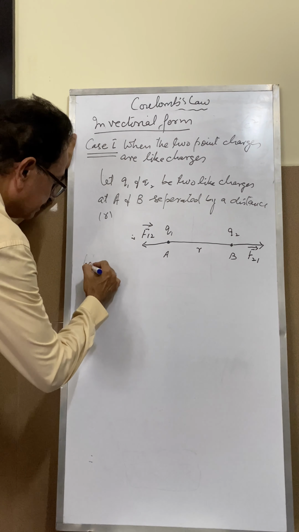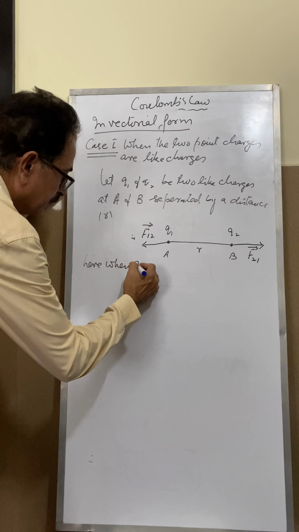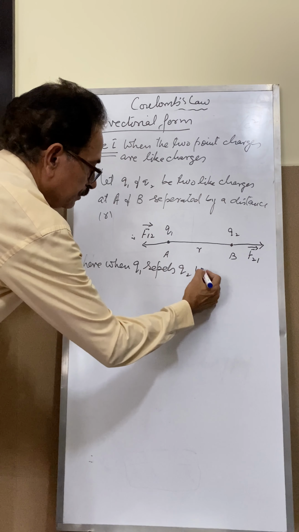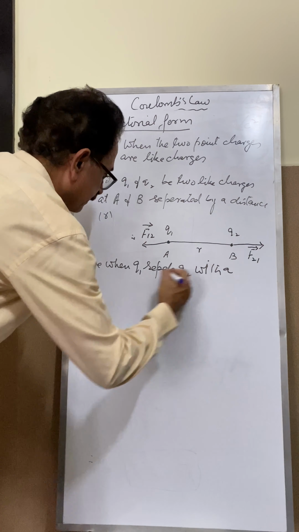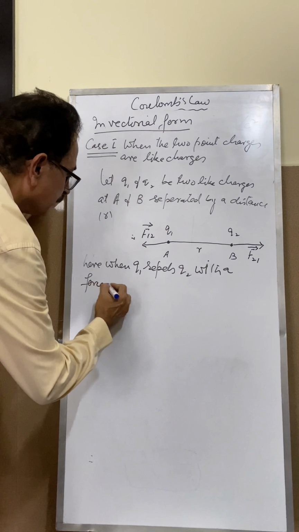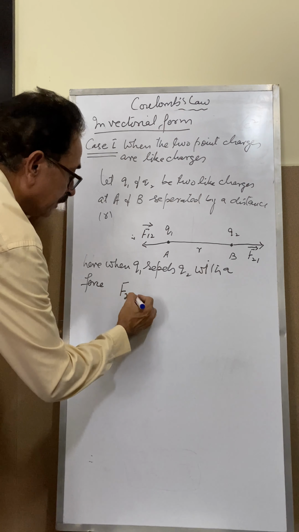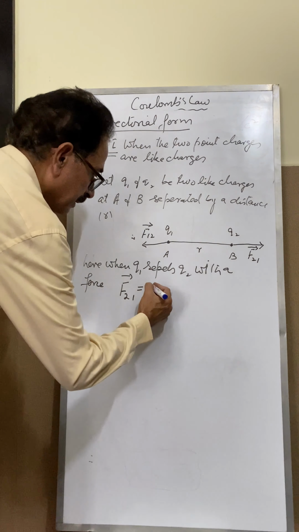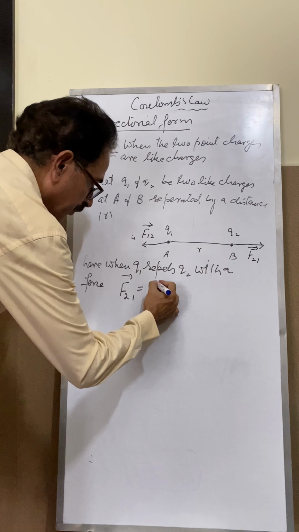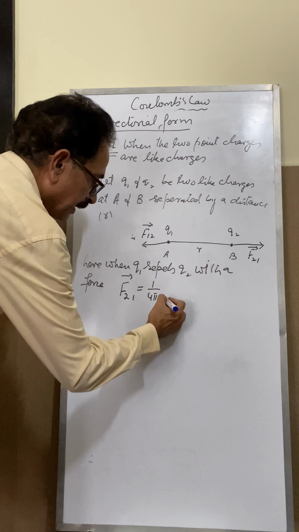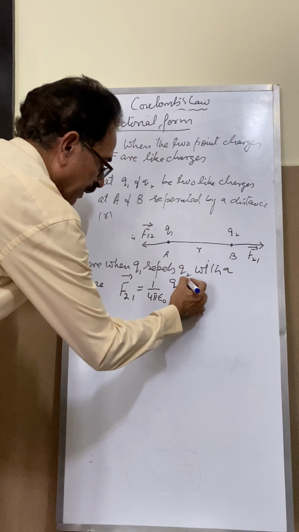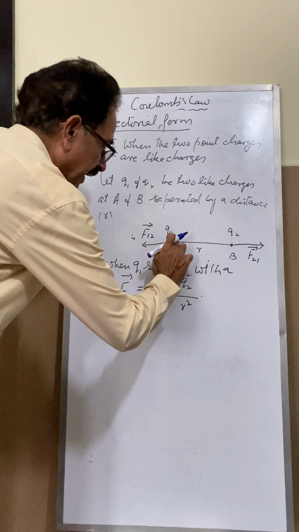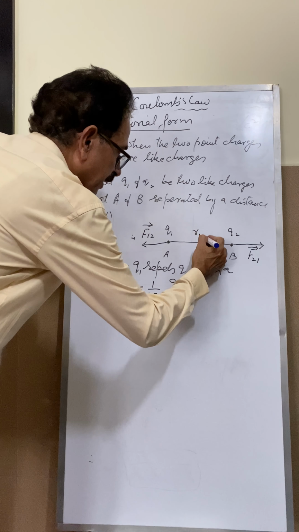Here, when Q1 repels Q2 with a force, F21 is equal to 1 by 4 pi epsilon naught Q1 Q2 upon R square into R12 cap, the direction being from here to here.